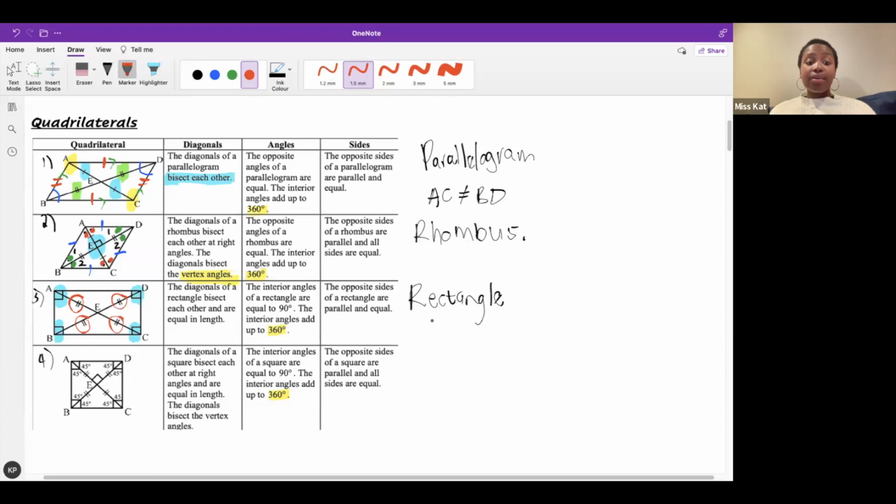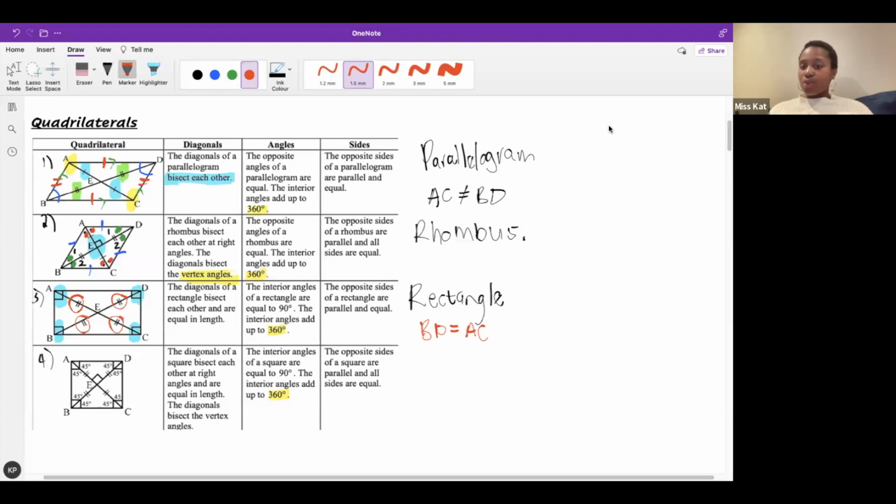So in a rectangle specifically, BD is equal to AC. AE is equal to EC, that's true, but it's also equal to BE and it's also equal to ED. So specifically in a rectangle, the diagonals are equal, all right? And all the interior angles are 90 degrees. And then once again, the opposite sides are parallel and equal.